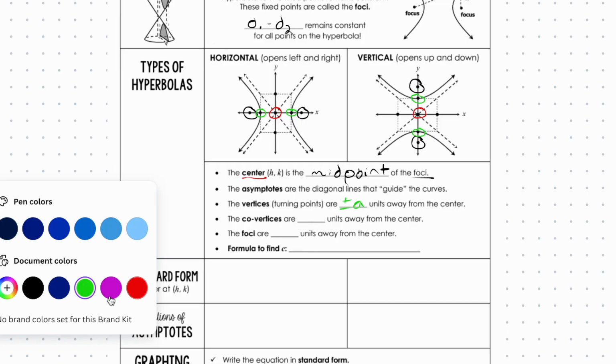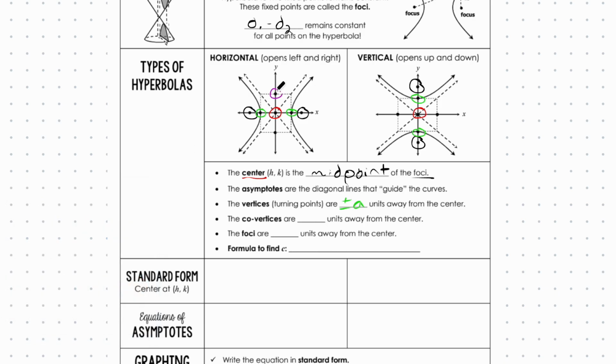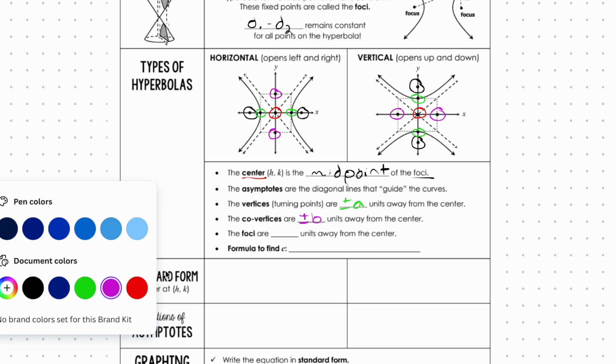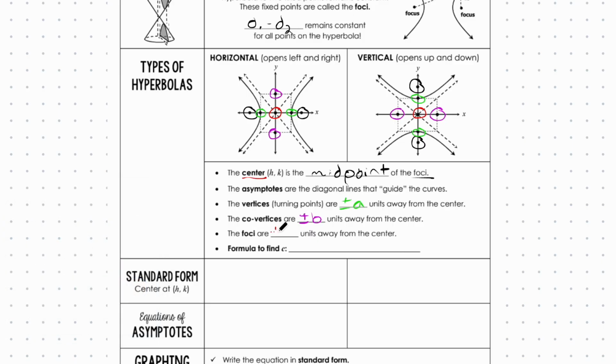That's going to be this point, and in our vertical hyperbola, these two points. They're going to be plus or minus b units away. This is similar to ellipses, but we do have a slightly different equation. The foci are going to be plus or minus c units away.